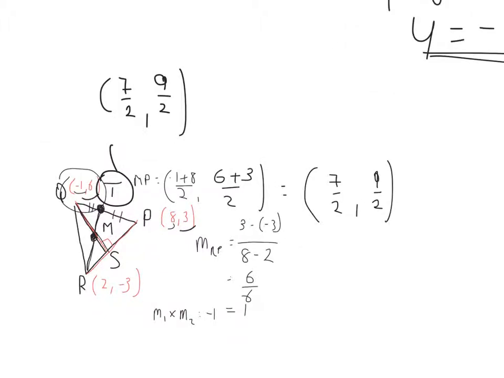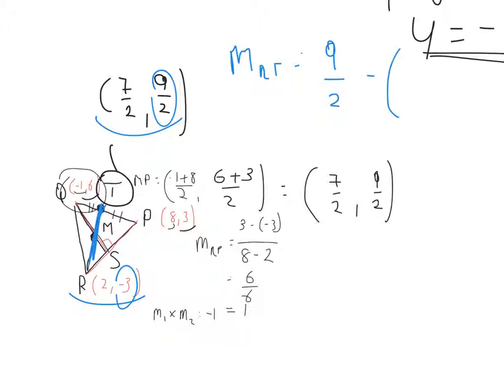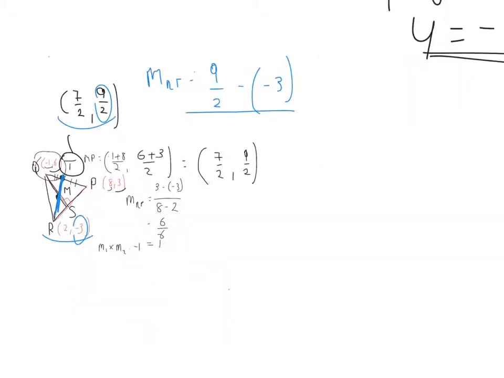We're now going to find the gradient of the line using these 2 points. So that's m RT is equal to 9 over 2 minus -3 over 7 over 2 minus 2.